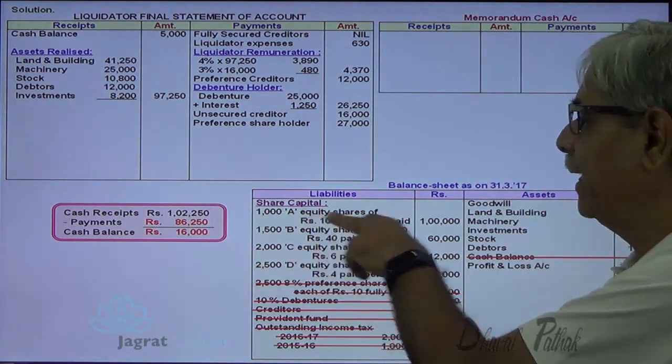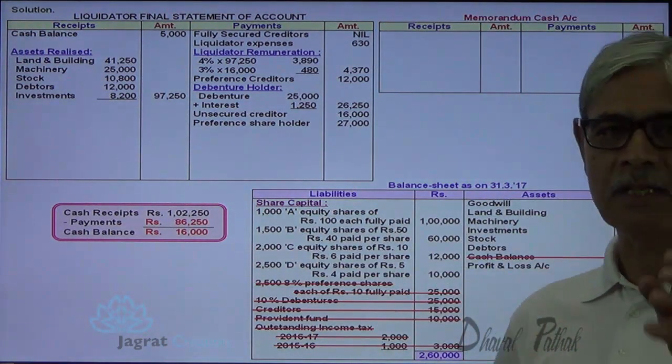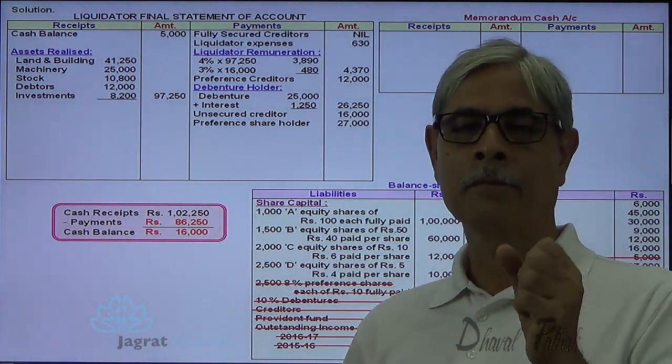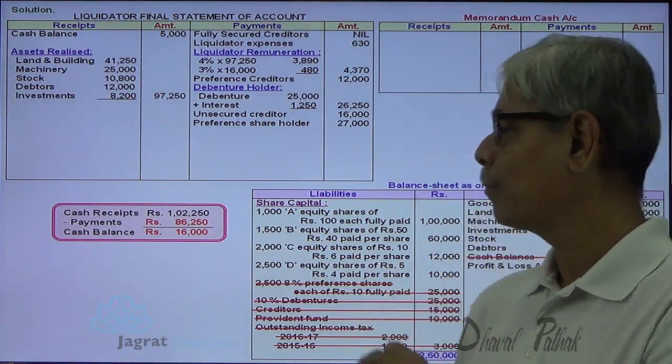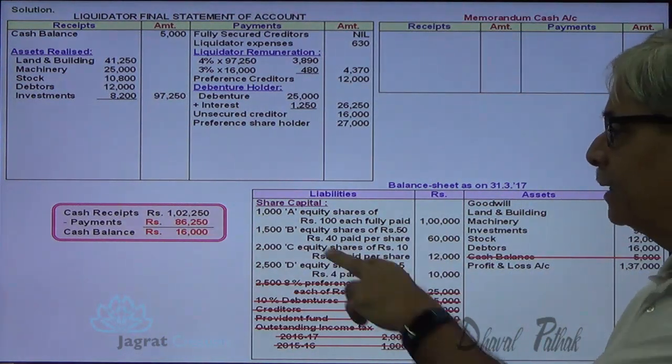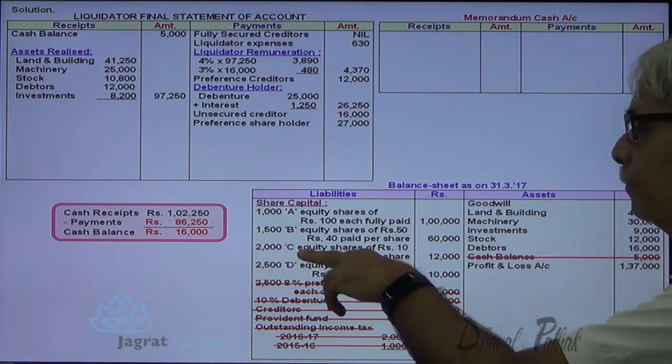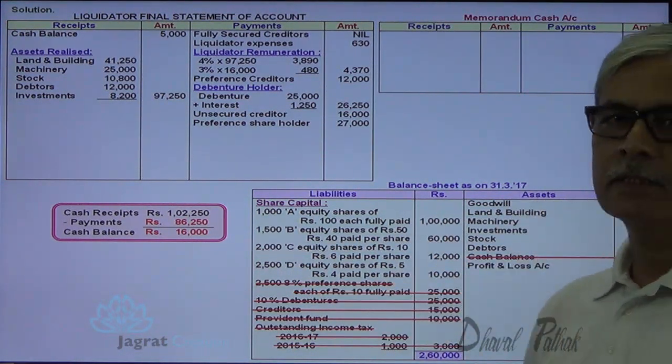As you know, A type of equity shareholders are paid 100% of face value thereon. B type, 80% is paid. C type, 60% is paid. D type, 80% is paid.